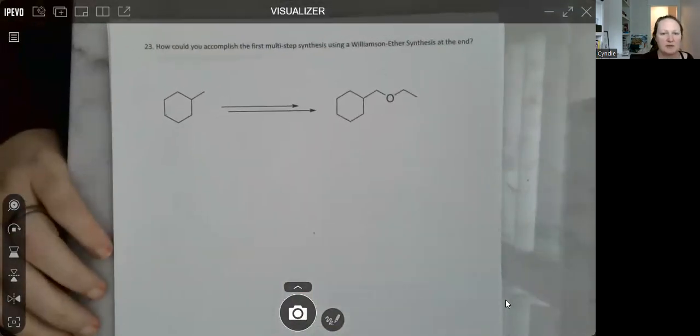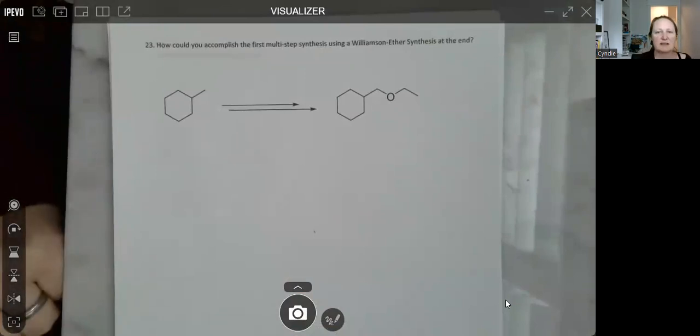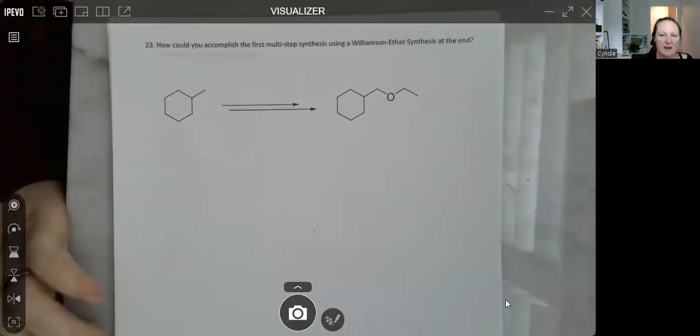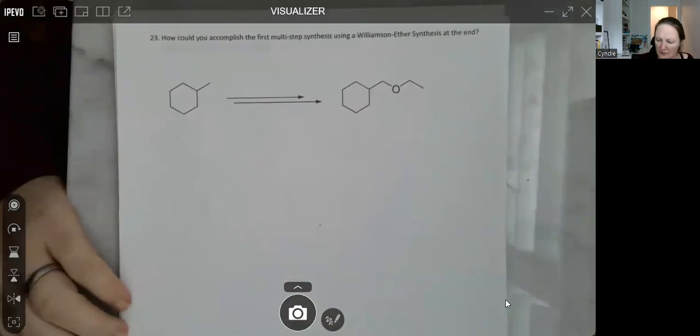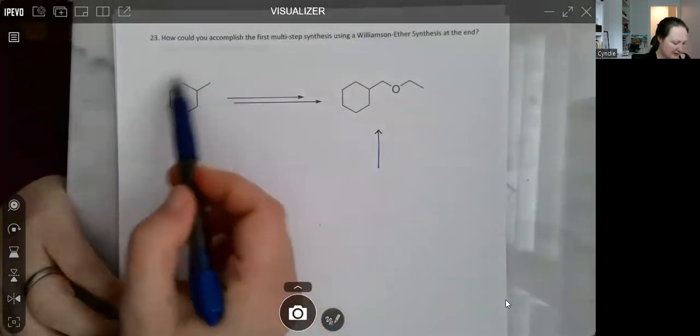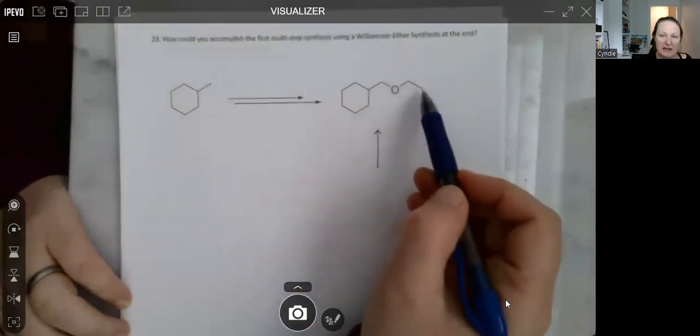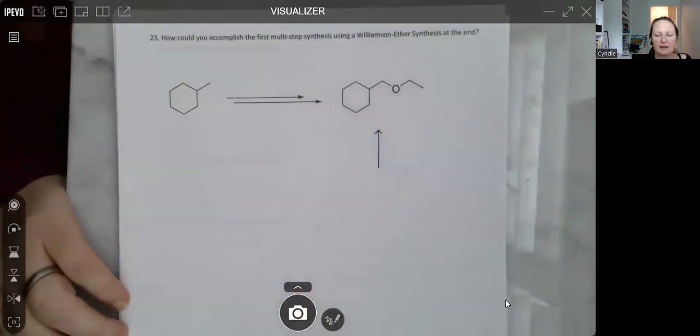How would you accomplish the first multi-step synthesis using a Williamson ether synthesis at the end? Okay, so if we're going to be using a Williamson ether synthesis at the end, and given that this part is in the reactant, we're probably going to be making this ethyl ether at the end.